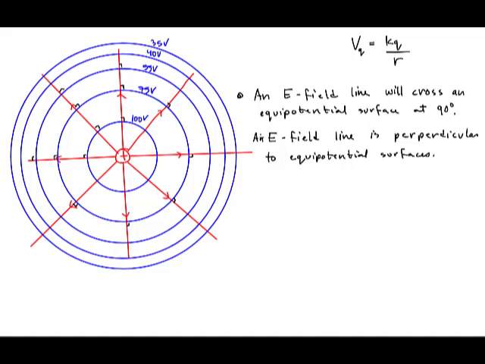So that's a very important point, that an E field line indicates the direction of decreasing electric potential.